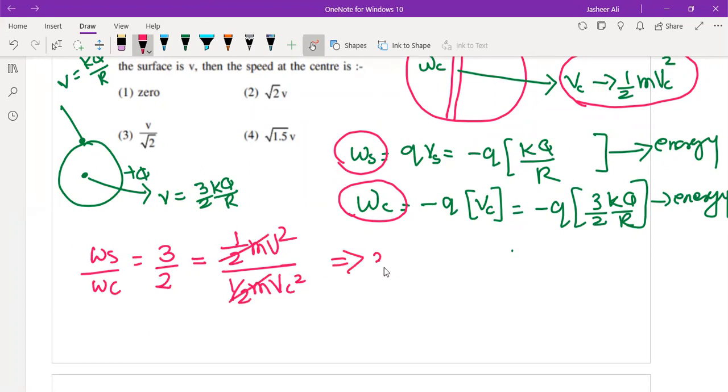Now here we get 3/2 equals V square by VC square, and the value is 1.5.